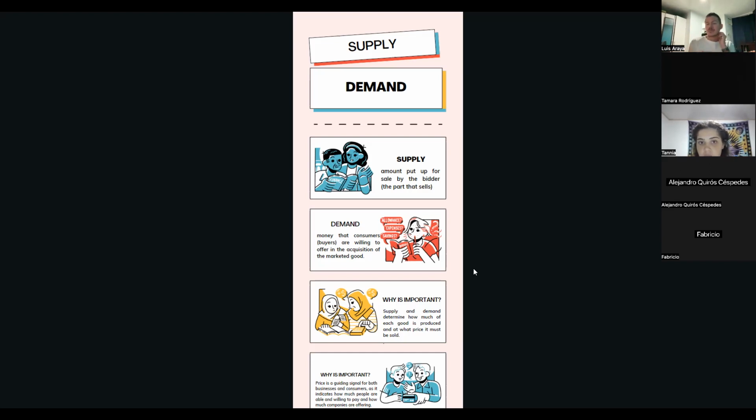It happens, for example, whenever we have seasonal vegetables. Whenever people say, oh no, don't buy it because it is too expensive, that means that the supply is not enough. For that reason, the price of the product increases. So for example, if you buy tomatoes in tomato season, you can buy a kilogram of tomatoes for, I don't know, 1,000 colones.